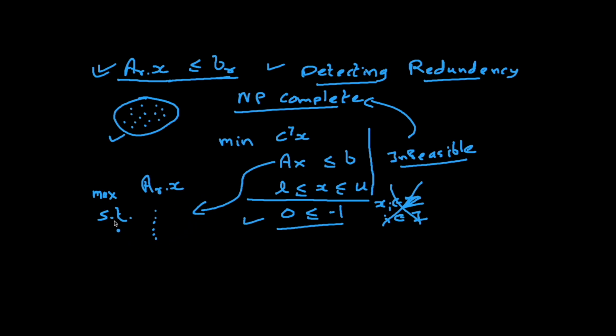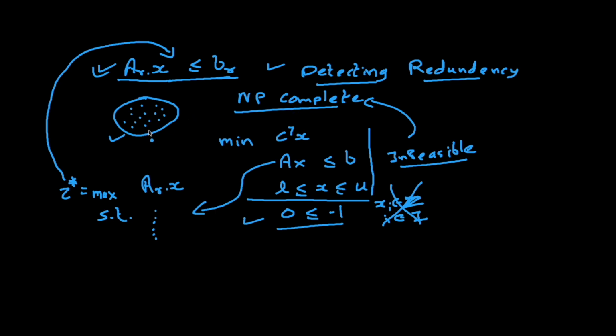We solve this linear program and get our value, Z star. And if this value is smaller or equal to b_r, then we know that this constraint is redundant.